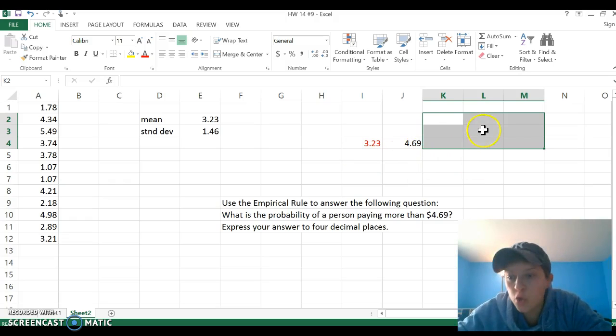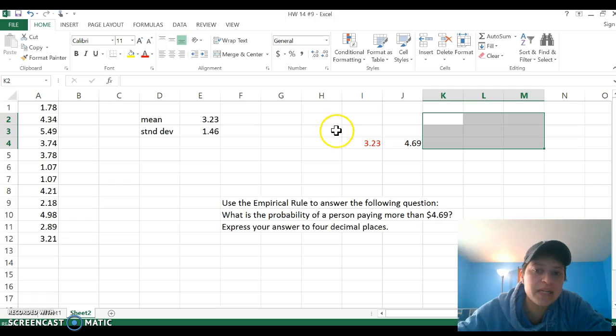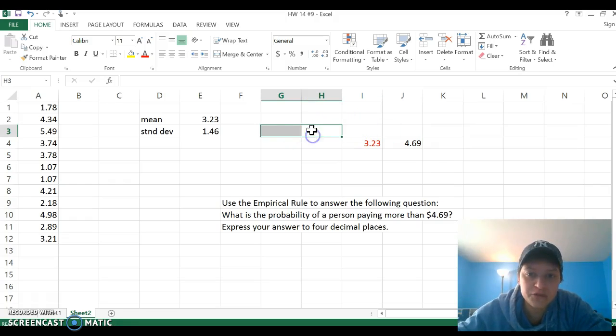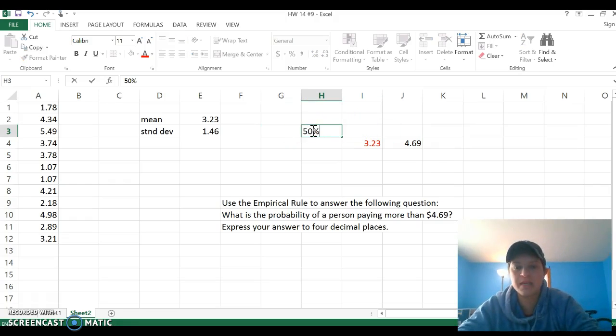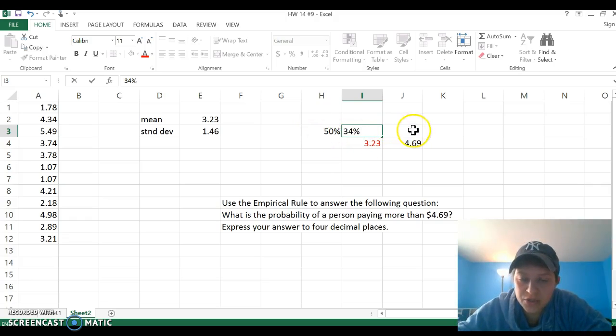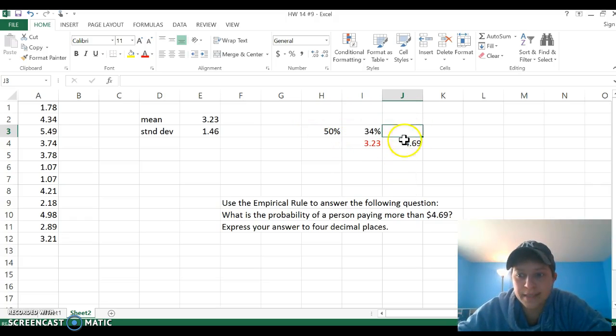Okay, so who is to the right? Well, we know that everybody to the left of the mean is 50%, right? Because the mean splits it directly in half. And we know that between the mean and the first one standard deviation to the right is 34%. So that's how much is to the left of 4.69, and we need everything to the right because it says more than $4.69.